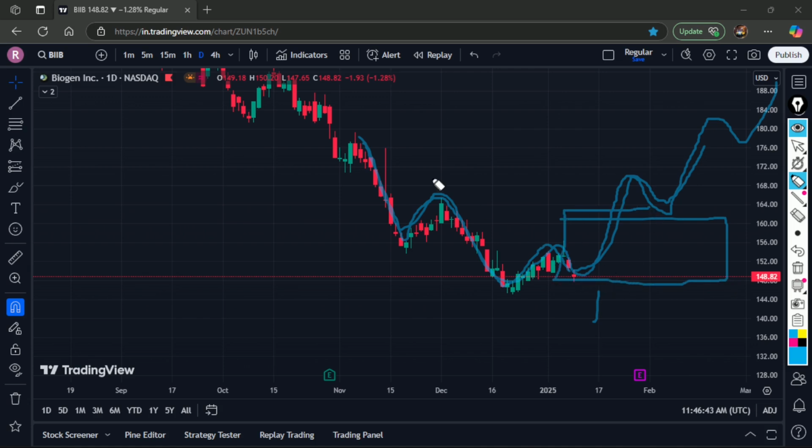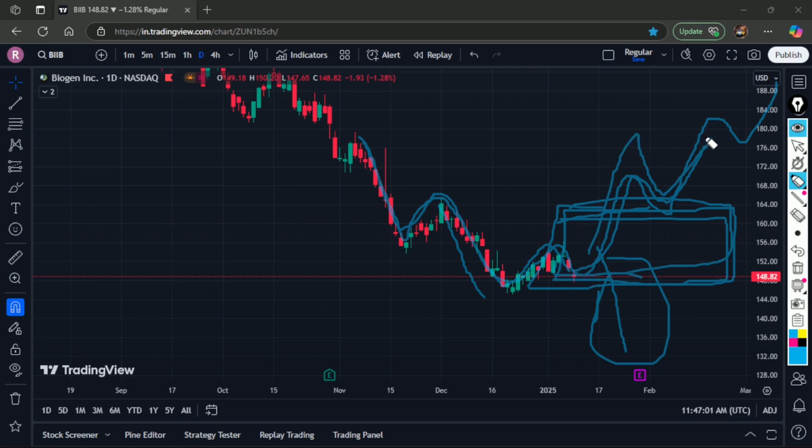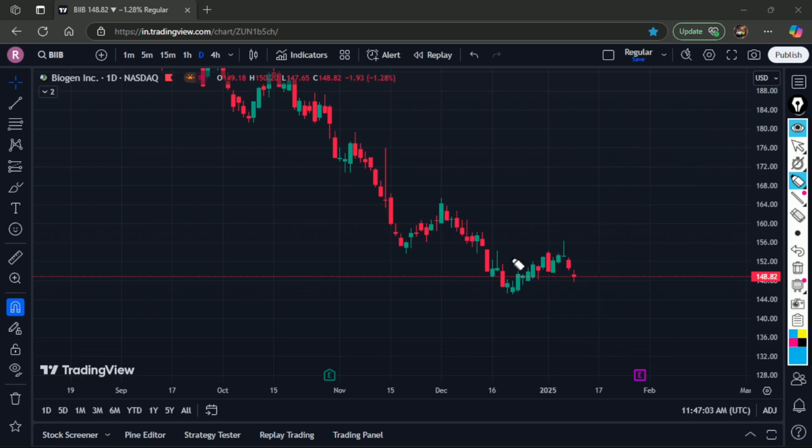The selling force should stop here. If it wants to make a bottom, then the sellers should no longer be interested, and it should make a range to go upside. But for now, it is still in the negative zone.